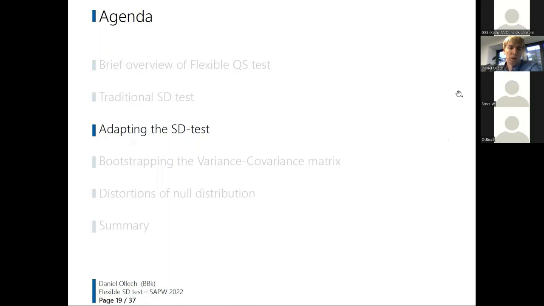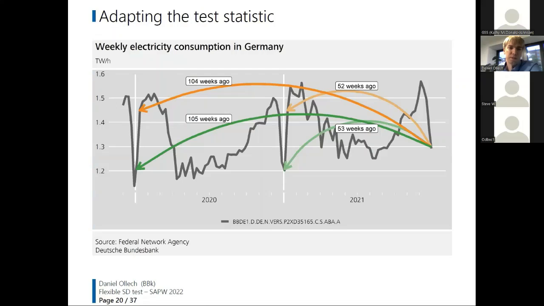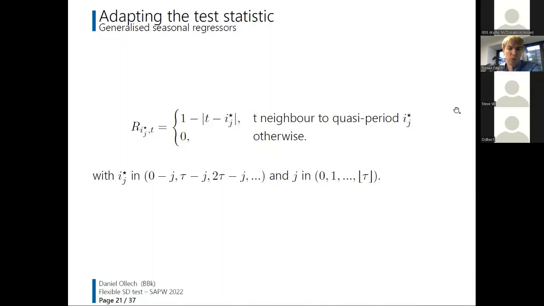So when we adapt the seasonal dummy test, again, we have to keep in mind that the seasonal observation today relates back to something that we had 52 and 53 weeks ago, and then 104 and 105 weeks ago. And so by constructing regressors, again, that combine these observations, we can try to track the seasonal signal better than we would with seasonal dummies.